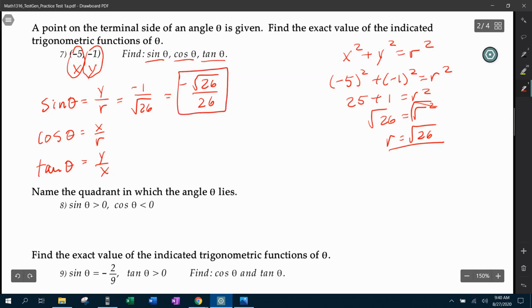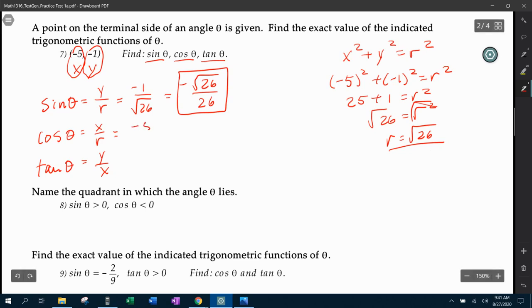If you've not seen that trick before, what you do is copy and paste the denominator to the numerator, and then erase the radical in the bottom. That's the shortcut for rationalize the denominator.